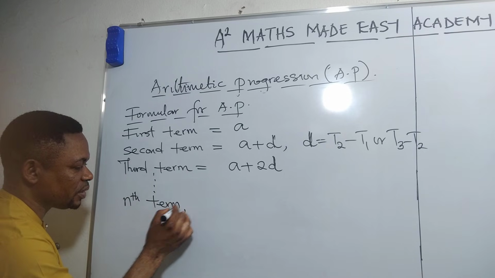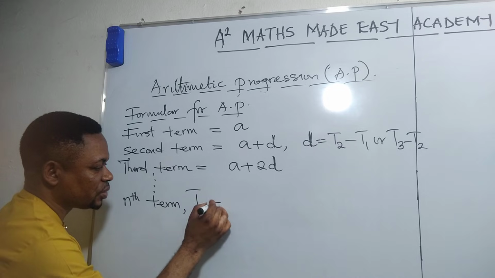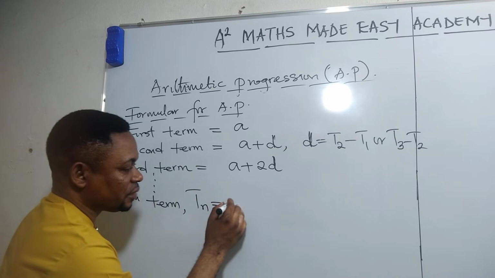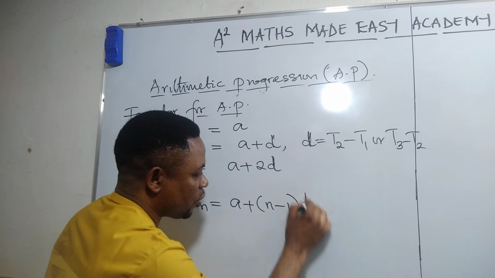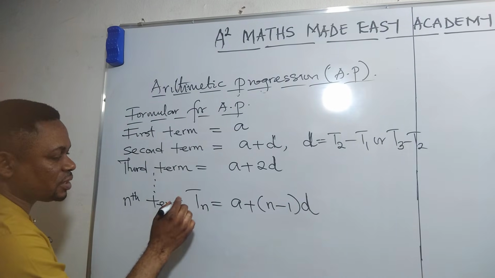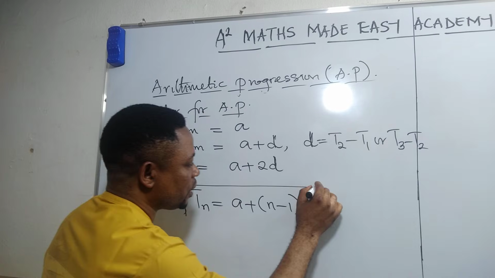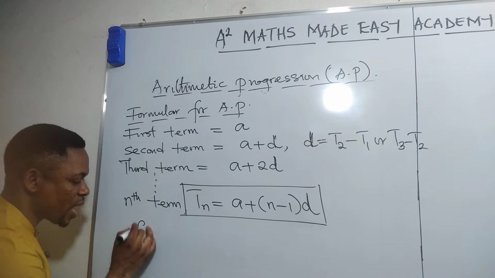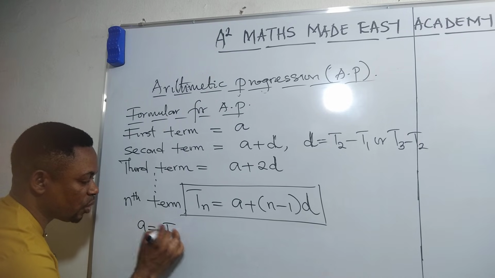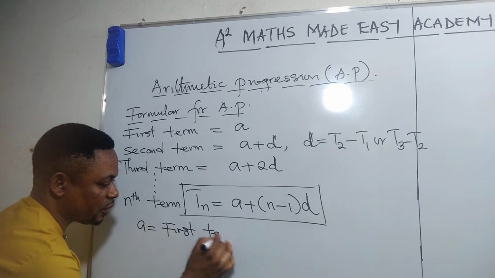And the nth term is the formula, which is Tn. And Tn is given as A plus bracket n minus 1 times the common difference. This is the general formula for arithmetic progression or arithmetic sequence, where A signifies what we call the first term. Are you with me now?